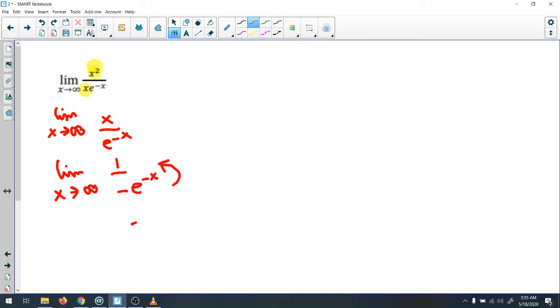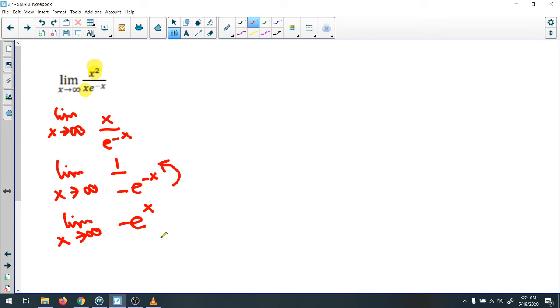It will be e exponent positive x. And we have the same sign, negative. So we simplify the function to be negative e exponent x. We apply the same limit when x approaches infinity.